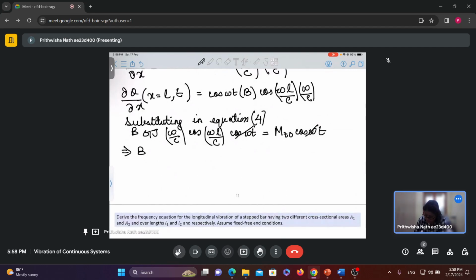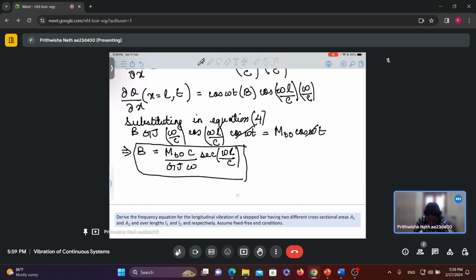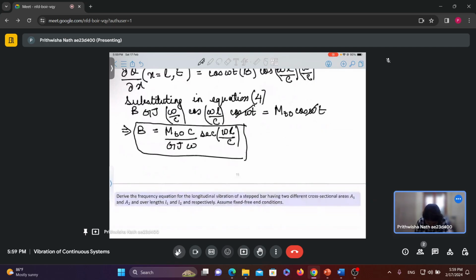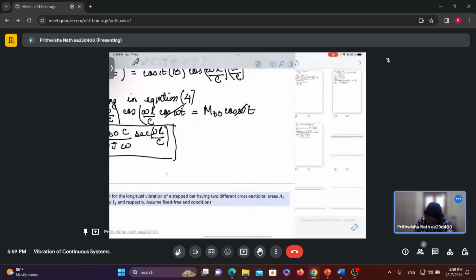I get the expression for B. B becomes mt naught divided by Gj omega by C cos omega L by C. So this is my expression for B. So I know A equals 0 and I know the value for B. Now I can just substitute that in the equation for theta.